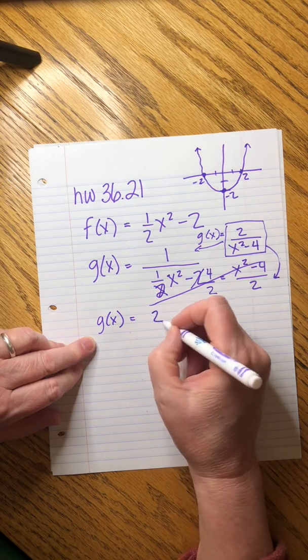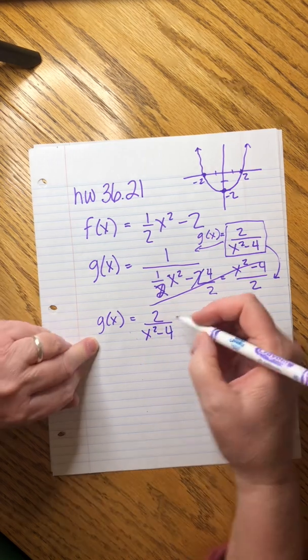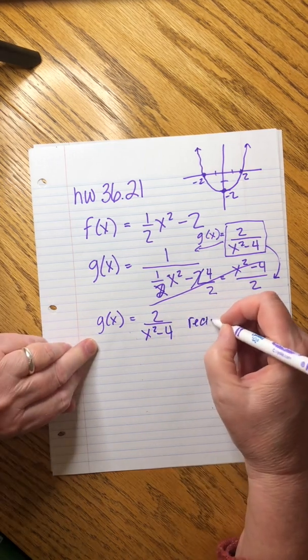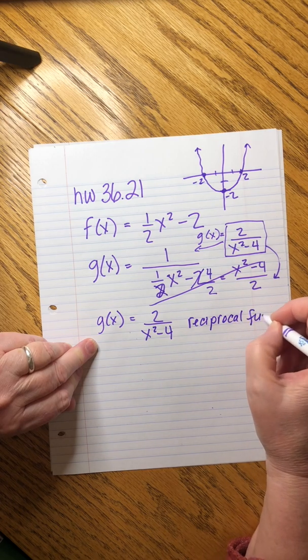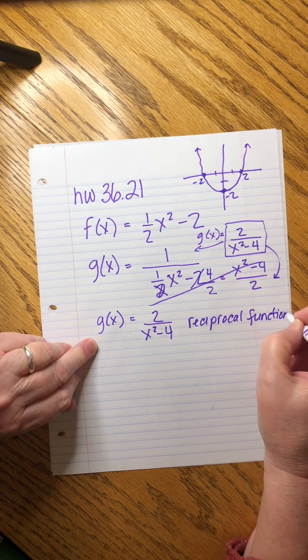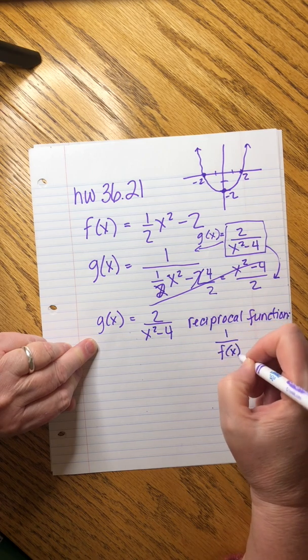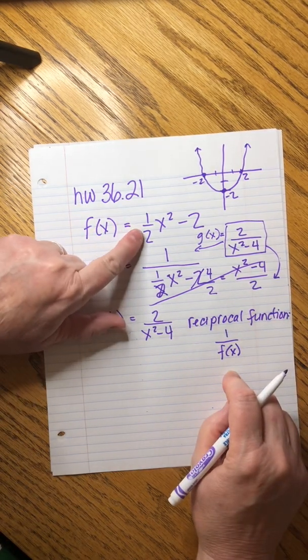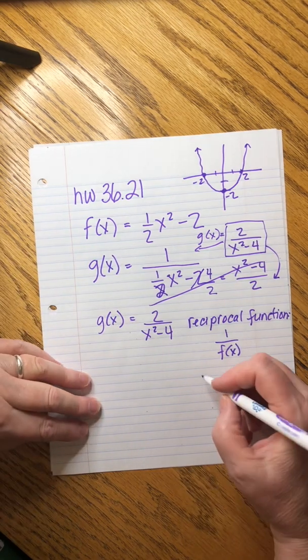And that's what we did. Remember that to find a reciprocal function, you take 1 over the old function, the parent function, if you will, right? That's different than an inverse function.